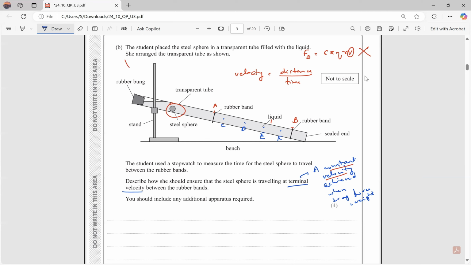Okay, you could even use more points. It's not just limited to two sets of points. You could also take 3 or 4 sets of points. So for the first 2 sets of points, we could measure the distance using a meter rule.